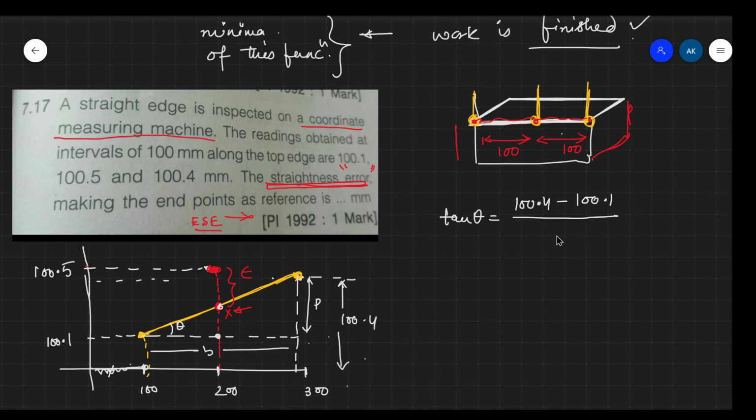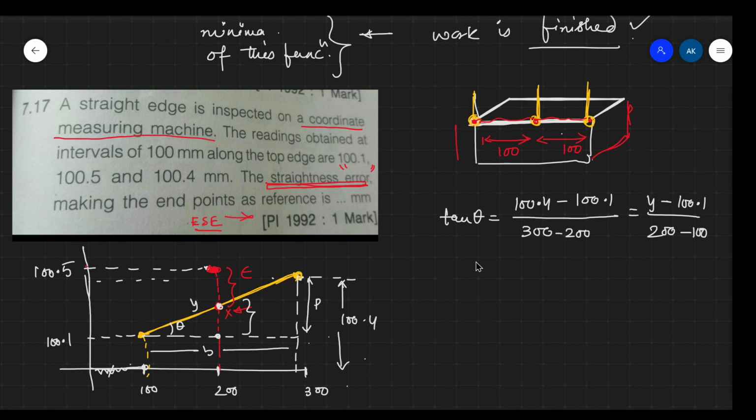So this B will be your 300 minus 200. And this should also be equal to this height, which is, I don't know. Suppose, let this point be Y. Okay. So it is y minus 100.1, this much height, by 200 minus 100.